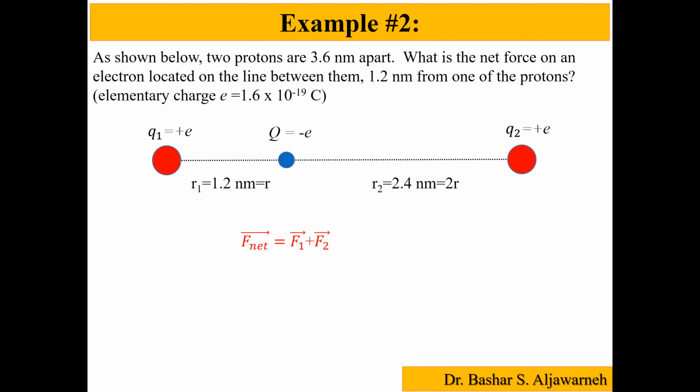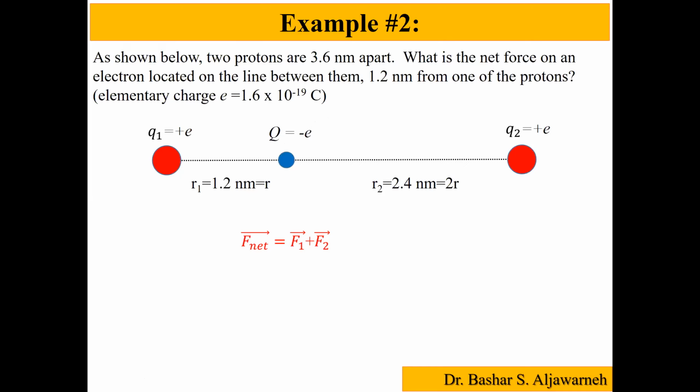So the direction will be either positive y-axis or negative y-axis. How to determine in which direction? It's easy. All you have to say is, okay, I have here negative and positive. That means I have an attractive electric force, and the direction of the attraction of this charge will be all the way up to the positive y-axis.